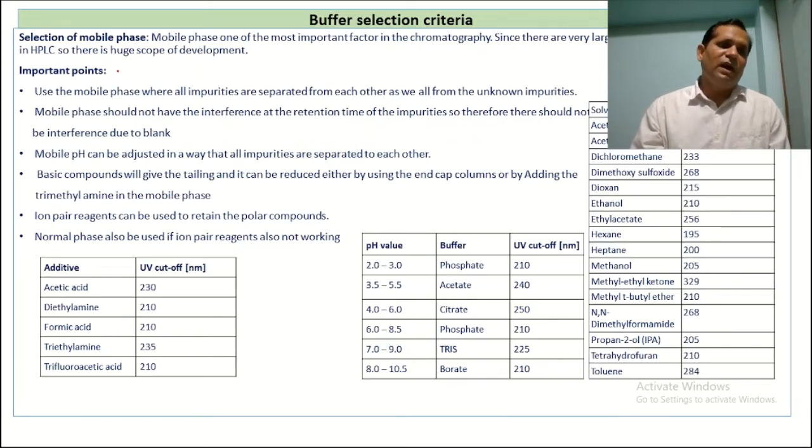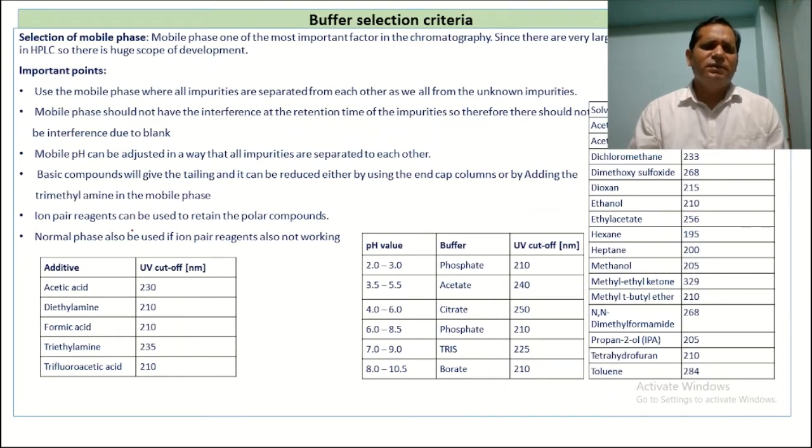Now I have given a few important points which we have to consider before finalizing the mobile phase. First of all, we have to select a buffer, and the selection of the buffer should be based upon the method. When the compound has low absorbance at lower wavelength, we have to choose the buffer very carefully.